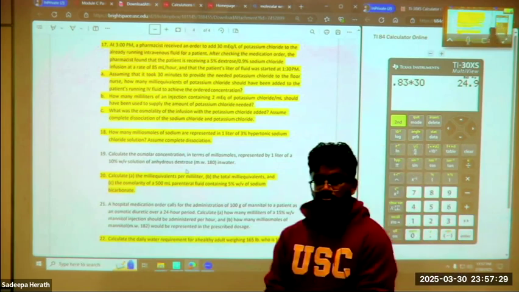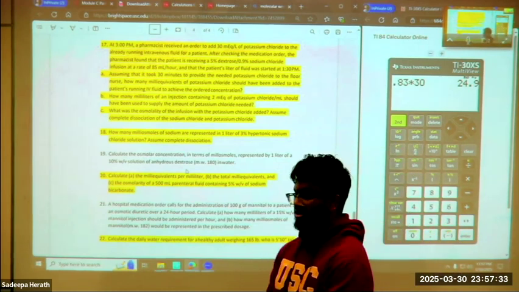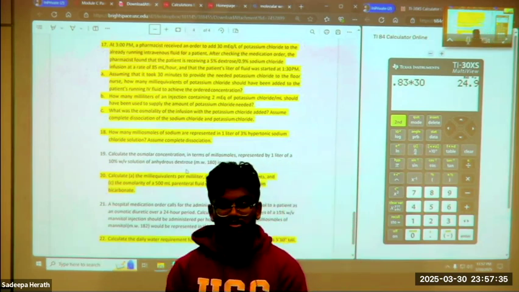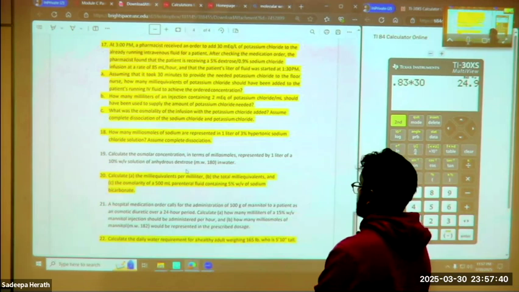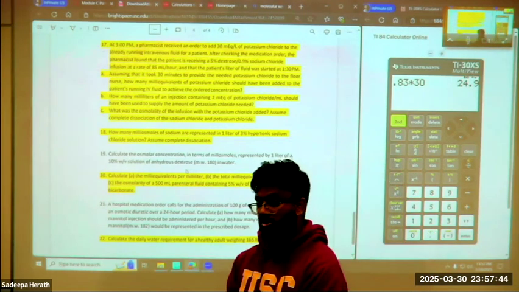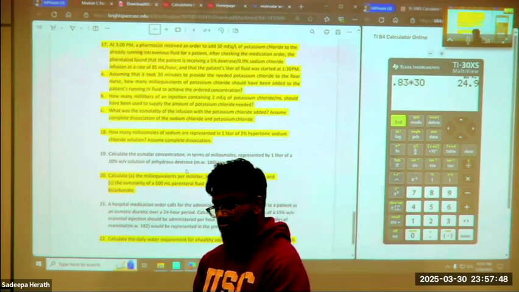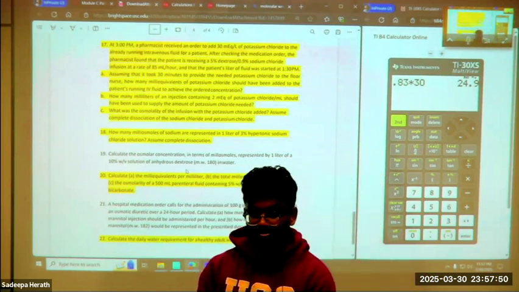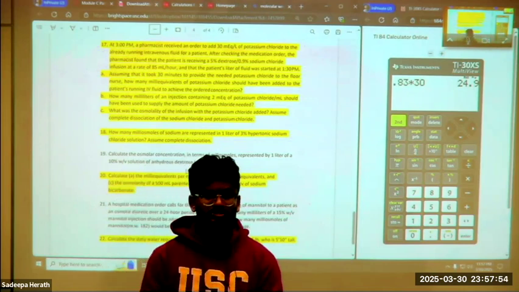Okay. So let's get into C. C is kind of the reason why I wanted to go over this monster of a problem, because it goes into osmolality. Osmolality and osmolarity actually are two ways of defining osmotic pressure. They use something called osmoles.